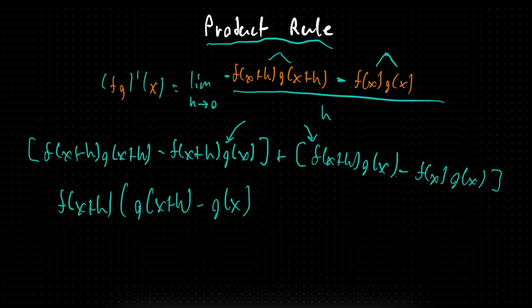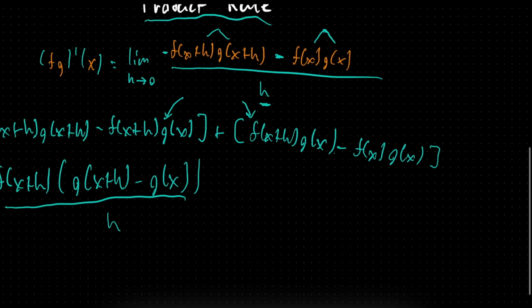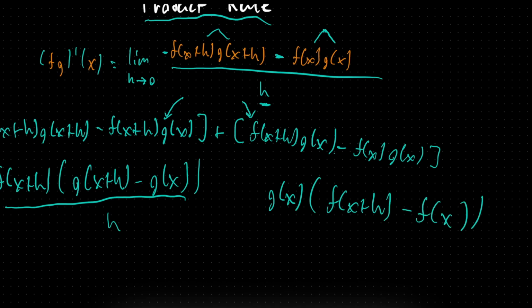Are you starting to see what I'm getting at now? And let's remember this is all over h. And this is all over h here, but let me write this out. So g of x times f of x plus h minus f of x, all of this over h.